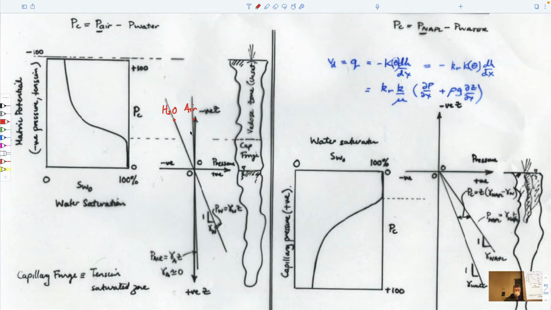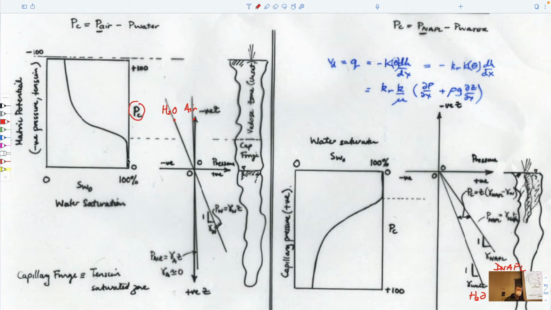Air with very low density, and water and DNAPL in this case. And it's just the difference between these two pressure differentials as we go deeper and deeper that increases. And so it's this capillary pressure that defines this.